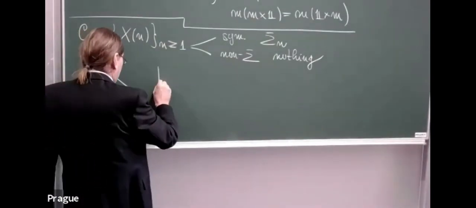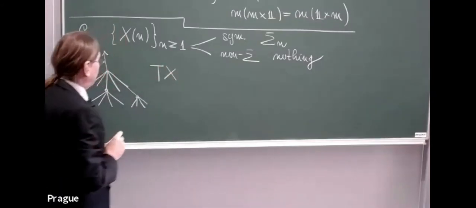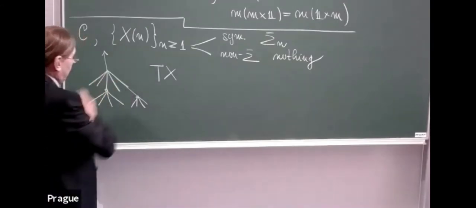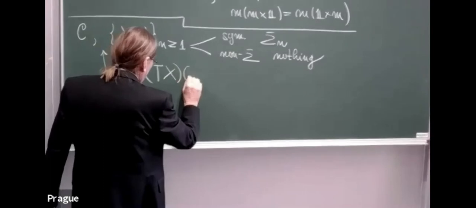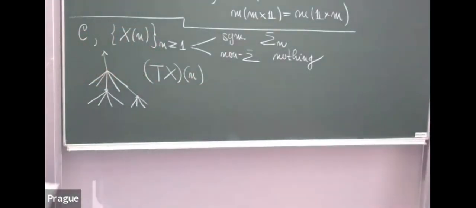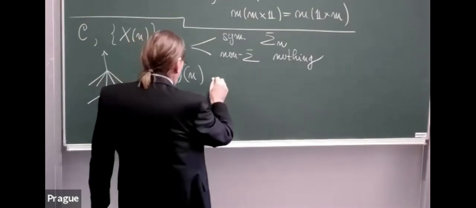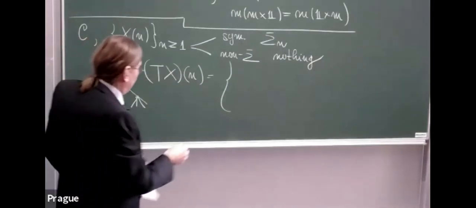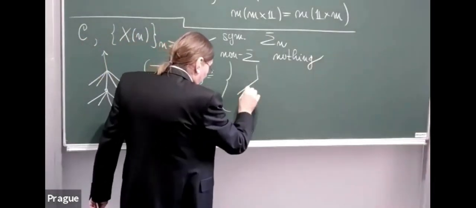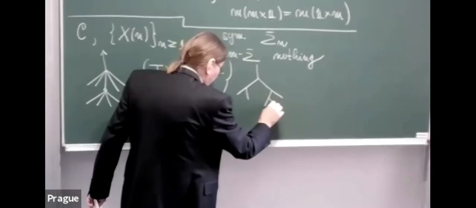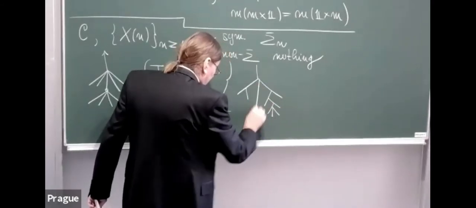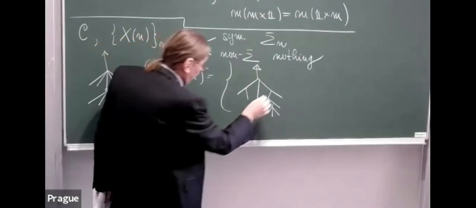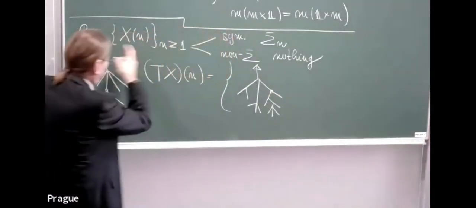If I wish to be slightly more precise, I would say that the monad that describes it has to belong to this category, so it must be a collection. So I must say what the nth component of this monad is. It is a set or vector space, depending on in which category I am working, which consists of rooted trees whose vertices are decorated by elements of my collection.